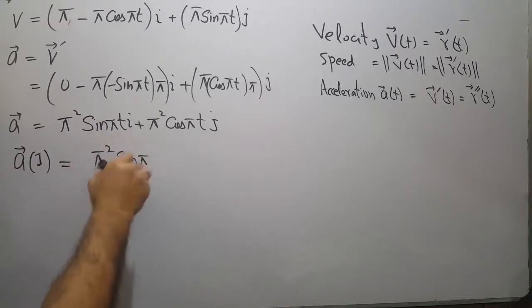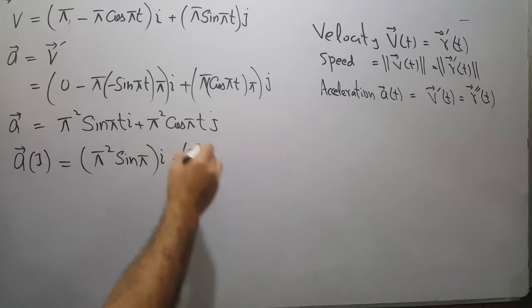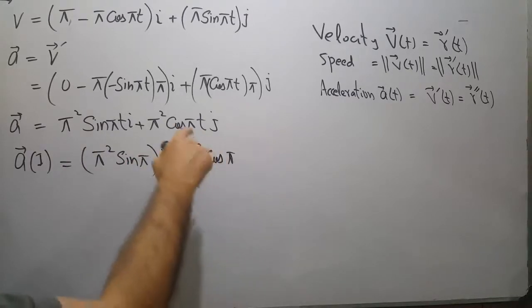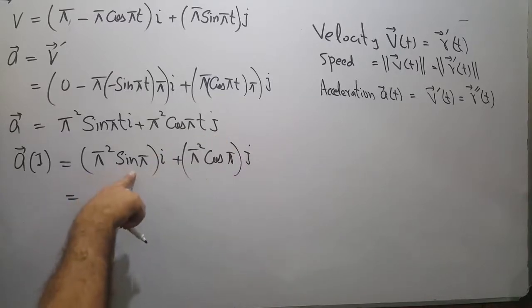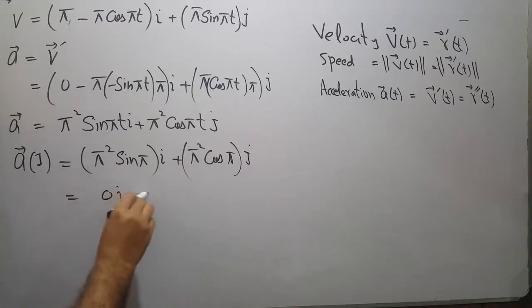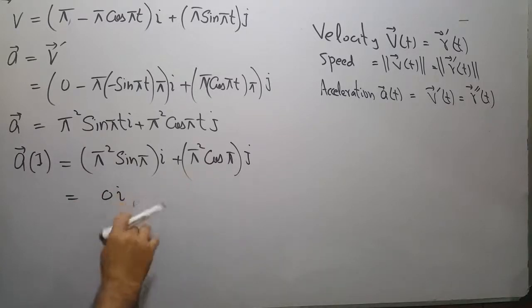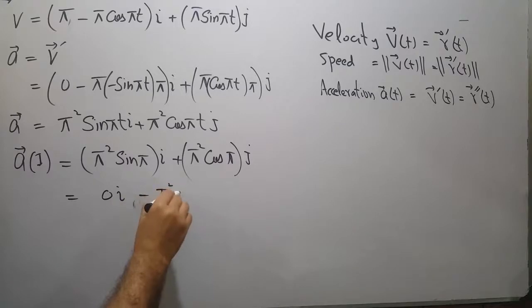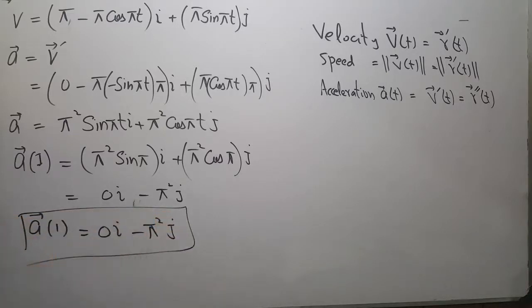So when t is 1, this gives us pi, and plus pi square cos of t is 1, then it gives us pi, and sine pi again is 0, so that is 0i, and cos pi gives us minus 1, so you get minus pi square j. So our acceleration at 1 is 0i minus pi square j, or you can just write down minus pi square j.